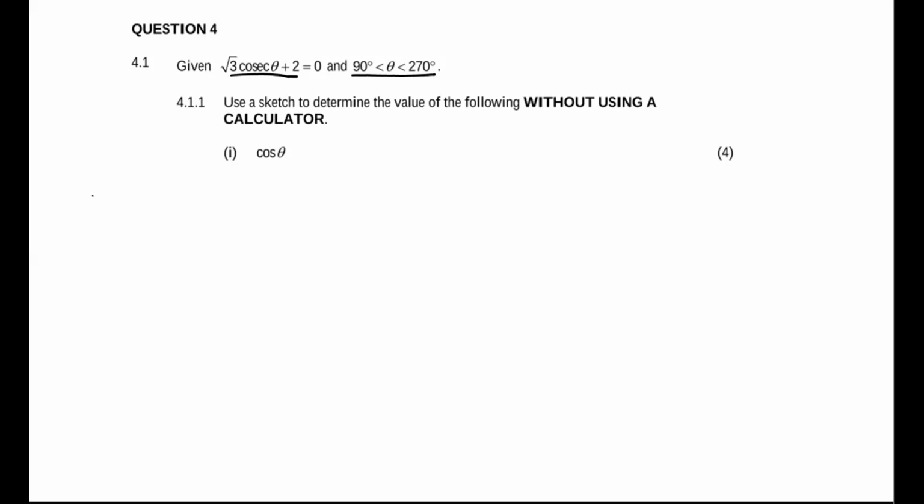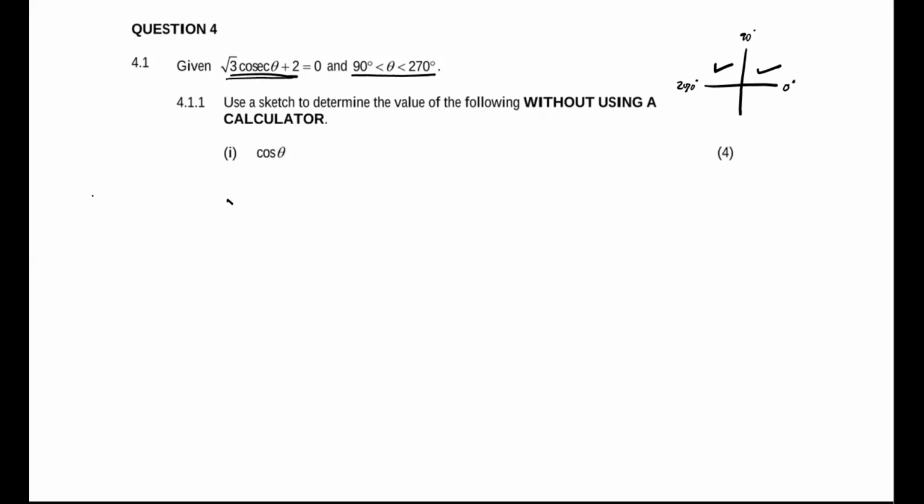We have a Cartesian plane. This is 0 degrees, this is 90, this is 270. So either you have an arm this side or this side. Then you solve that.